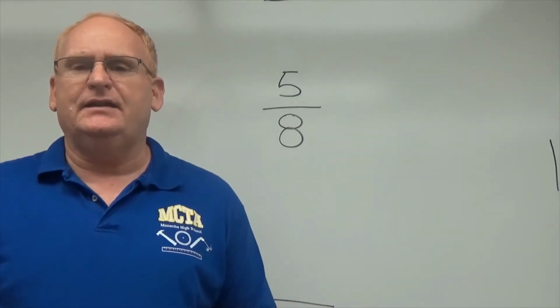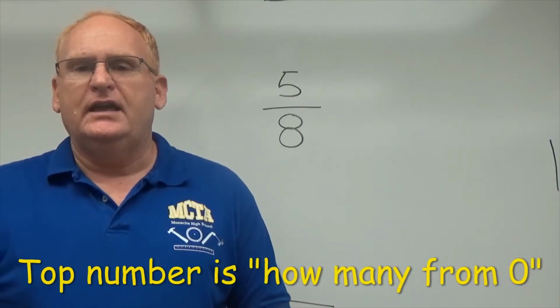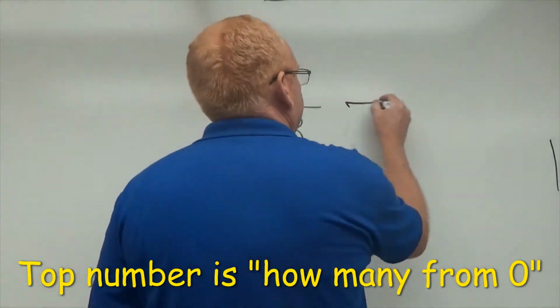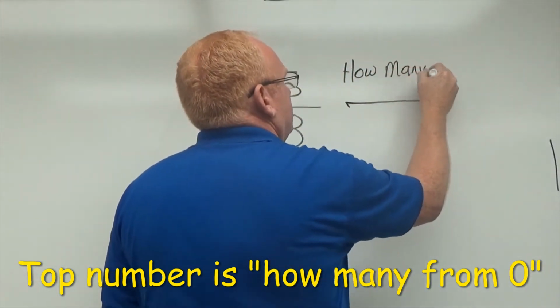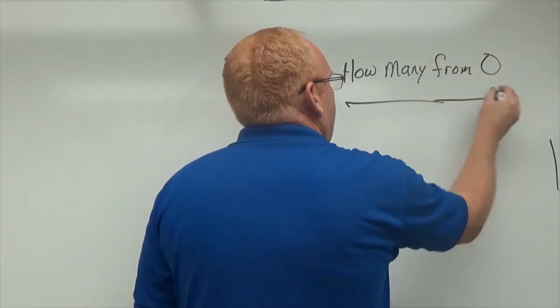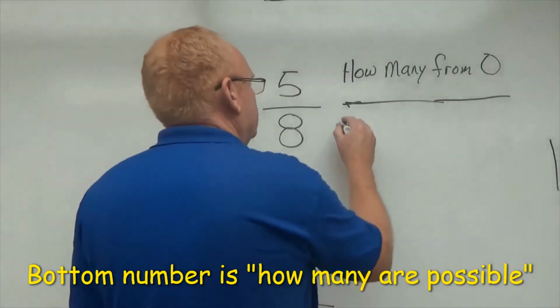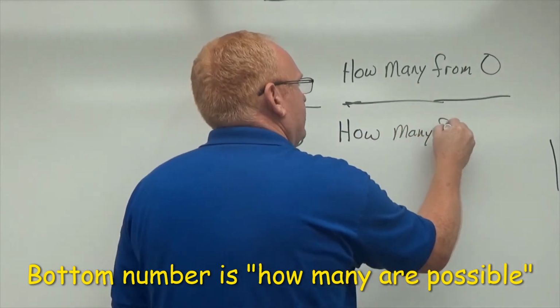But that still doesn't tell me anything. Okay? So what I want you to understand is that the top number is how many from 0. All right? How many from 0. And the bottom number is how many possible. Okay? How many possible.